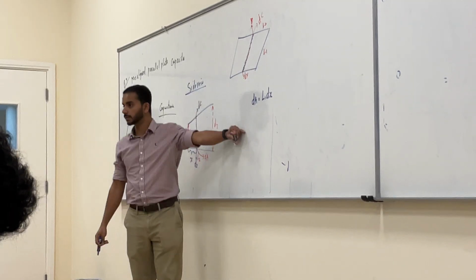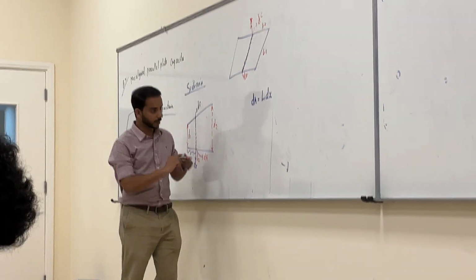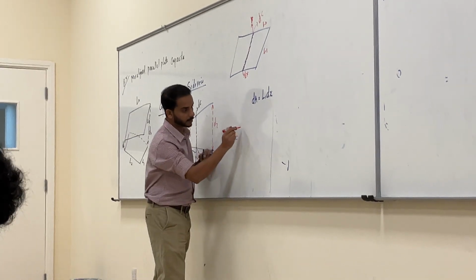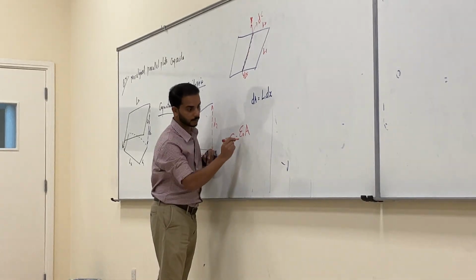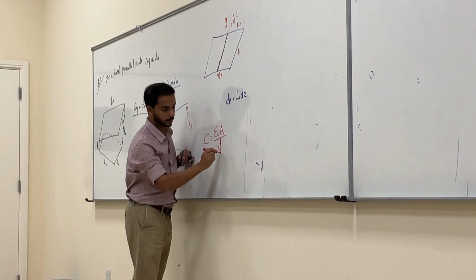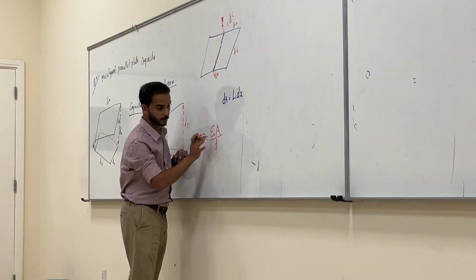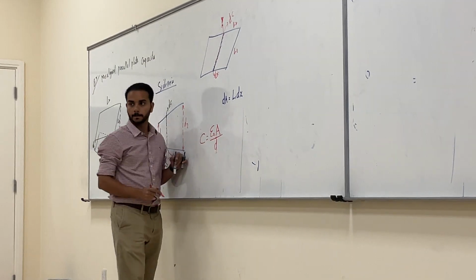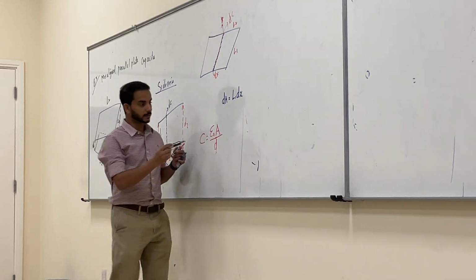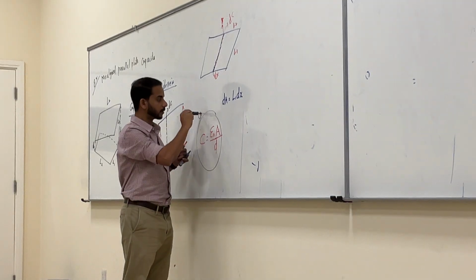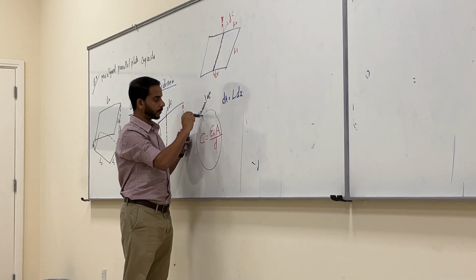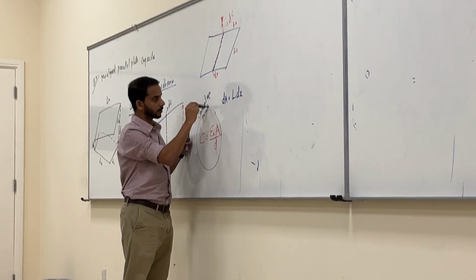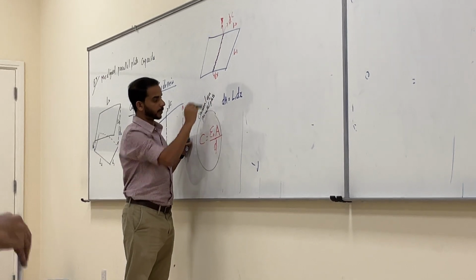This is clear, right? And we already know the capacitance of a parallel plate capacitor: epsilon 0, area over distance. Capacitance doesn't depend on the charge or the potential. So for a small capacitance, this is a general equation for a parallel plate capacitor.